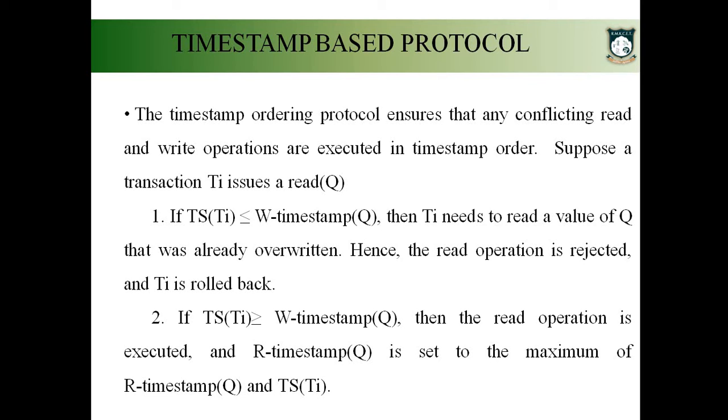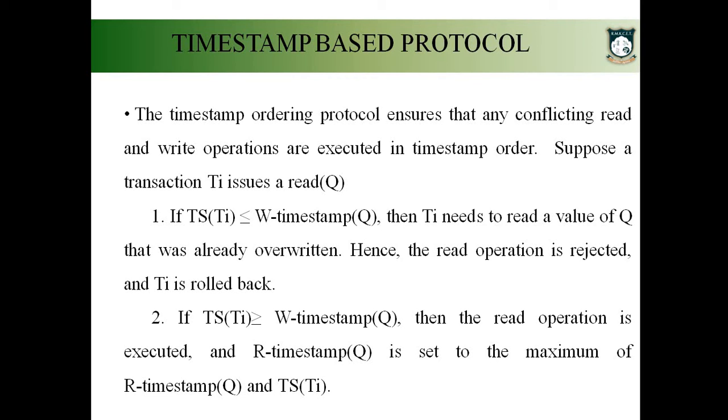Okay, suppose the timestamp value of the transaction is lesser. If it is lesser, then what does it mean? It means that the transaction wants to read a data item, but unfortunately a transaction which started after this transaction has written that value.